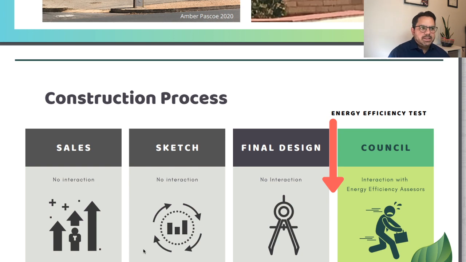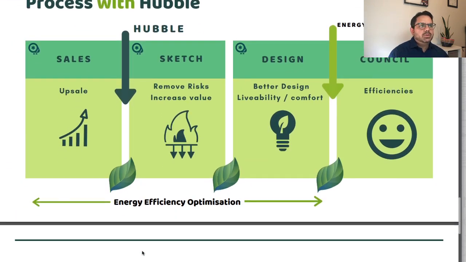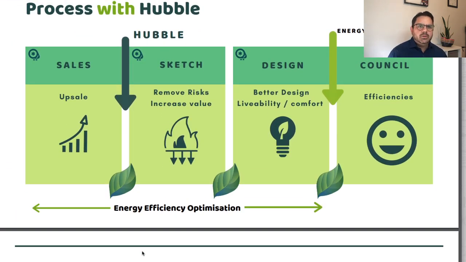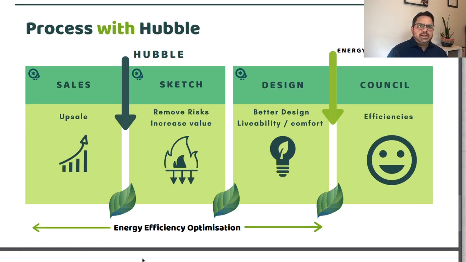So what we're suggesting with the use of Hubble is a tool that anyone can use, where even during the sales process, and while having those early conversations with the client, you can start talking about energy efficiency, the use of different materials, how this might impact, and what would be the benefits. And this is when we have a really good opportunity for an upsell.